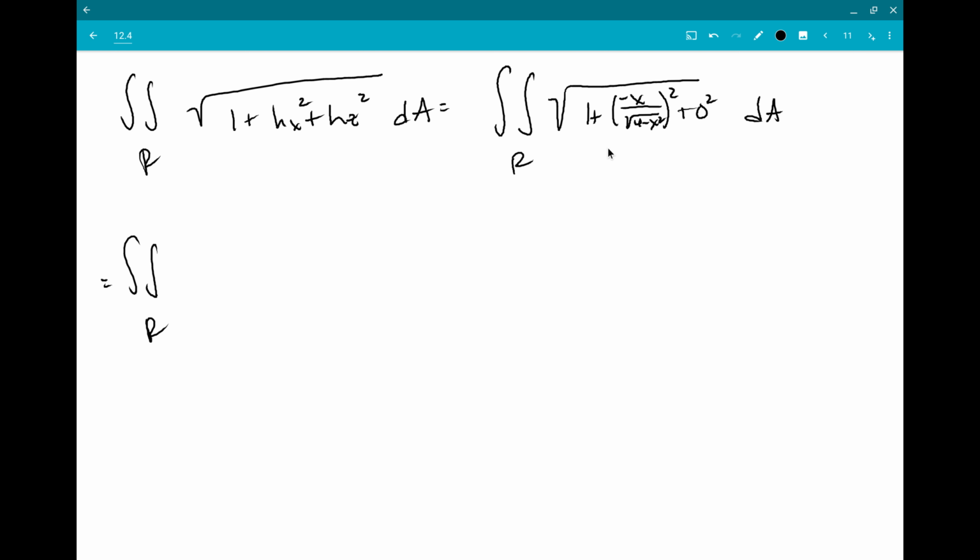And let's simplify that real quick. So 1 plus x squared over 4 minus x squared plus 0.